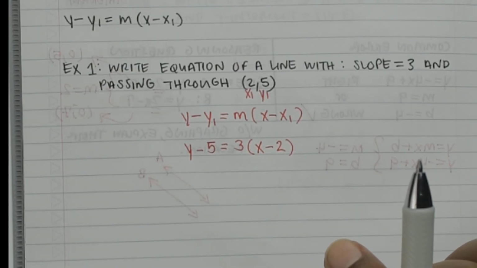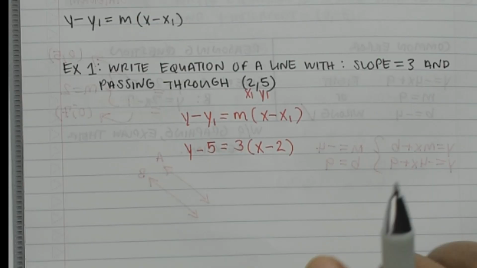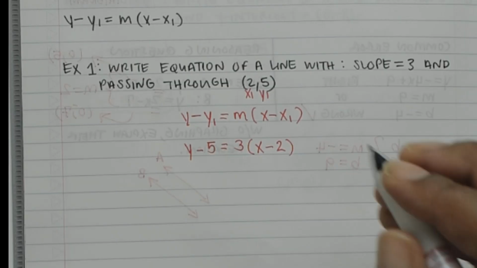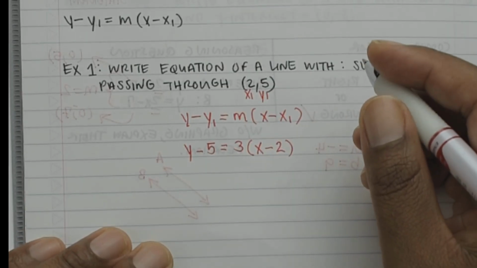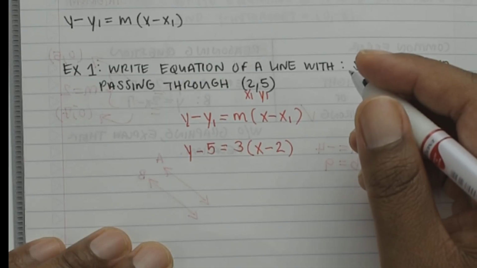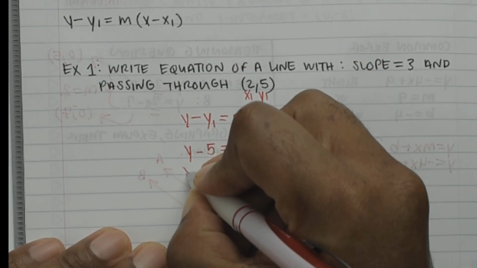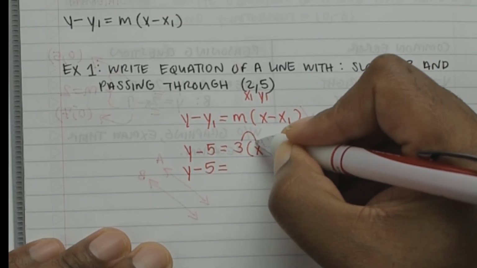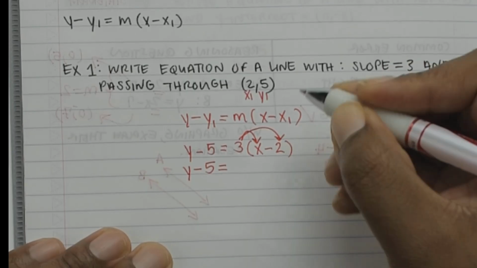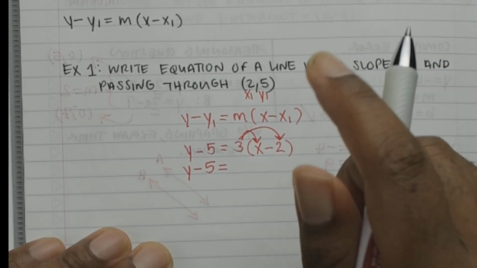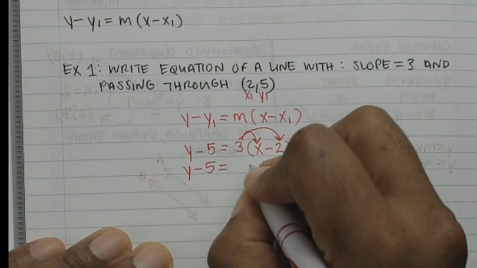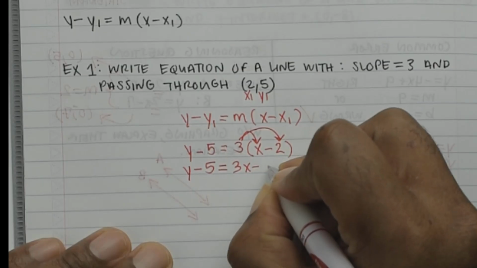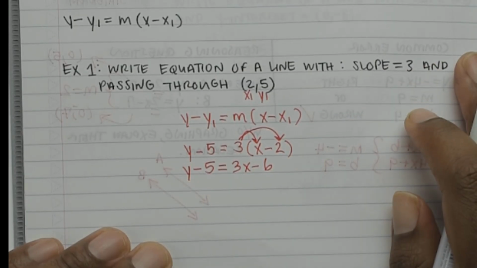If we want the slope-intercept form, we can simplify this. How do we simplify? Very easily. First of all, we want to use the distributive property. y minus 5 equals, I'm going to distribute the 3 over the multiplication. So 3 times x is 3x, and 3 times negative 2 gives me negative 6.